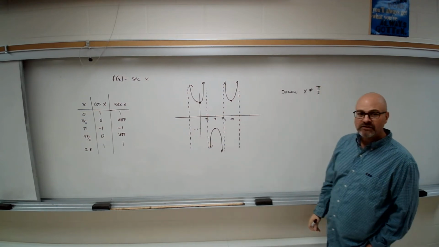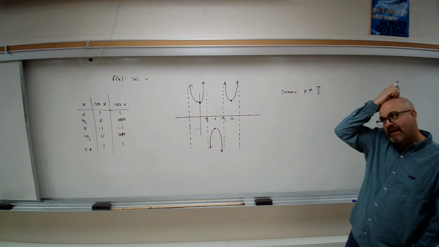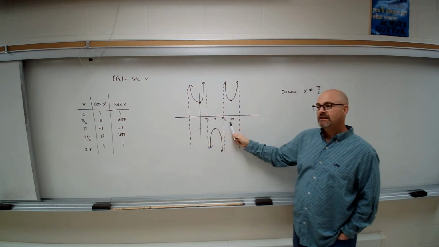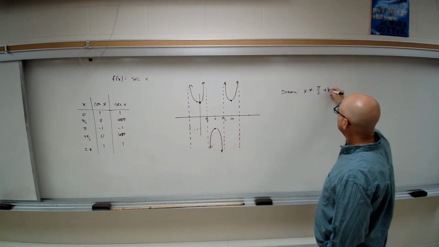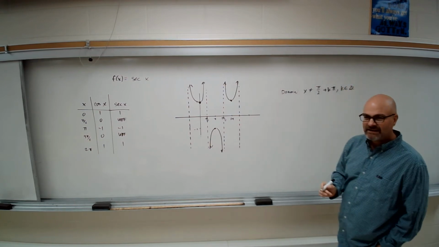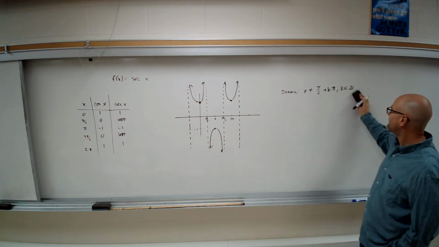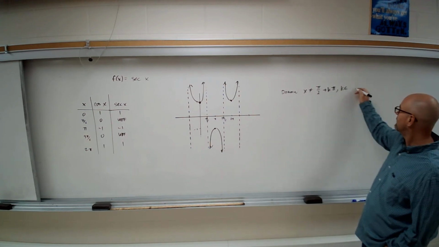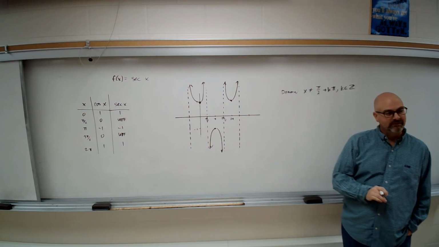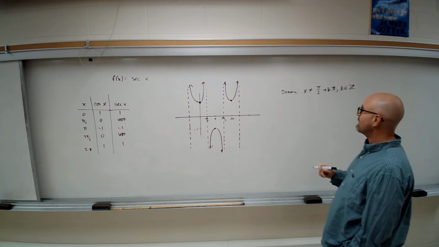So pick pi over 2, it's probably the one most people would pick, and then look at how far apart they are. They're pi apart, aren't they? So we'd say plus k pi, where k is contained in the set of integers. That's that Z symbol again, which didn't do a very good job. I think it's short for Zahlen, which is the German for count, I believe.